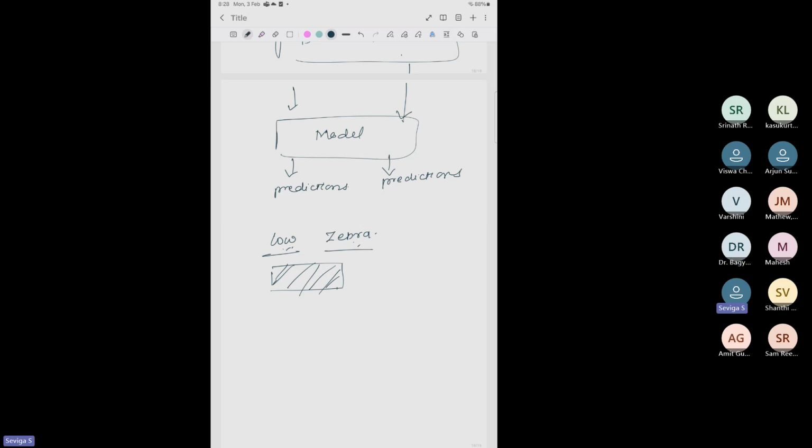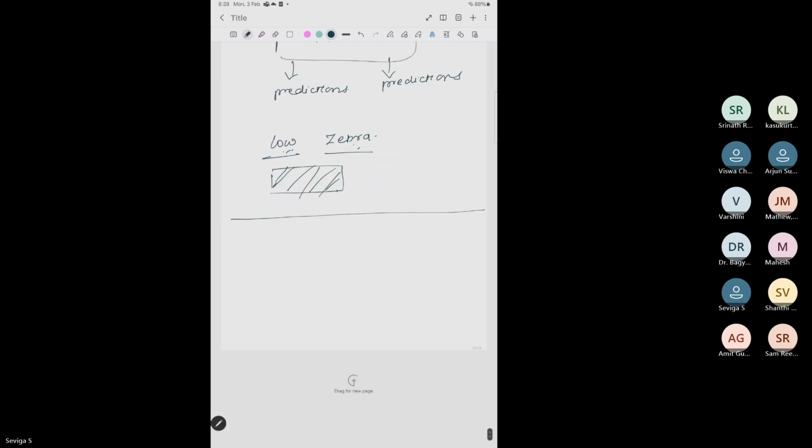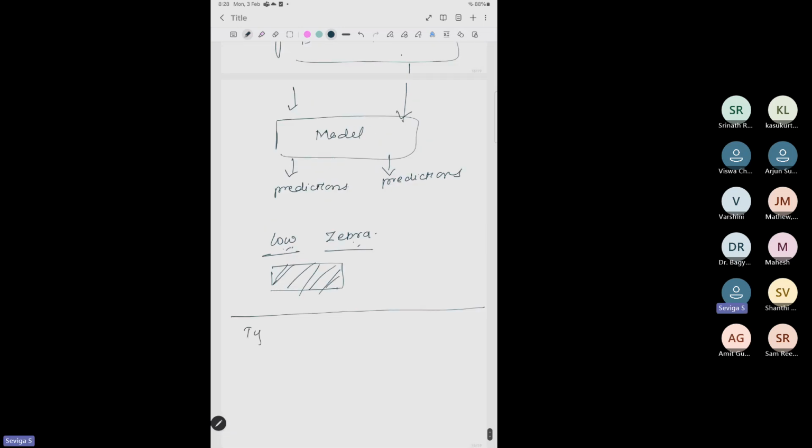So next, we will look at the types of data. Every sample has a list of values, which we call features.